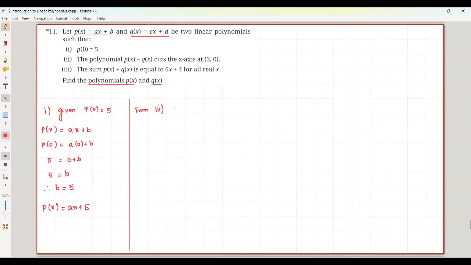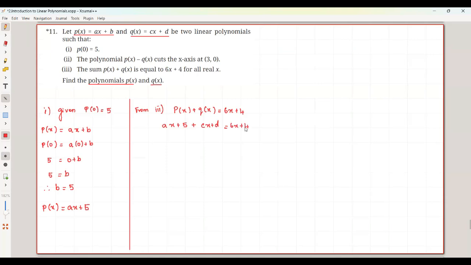Now instead of P of x, I can write ax plus 5, plus Q of x which is cx plus d, is equal to 6x plus 4.